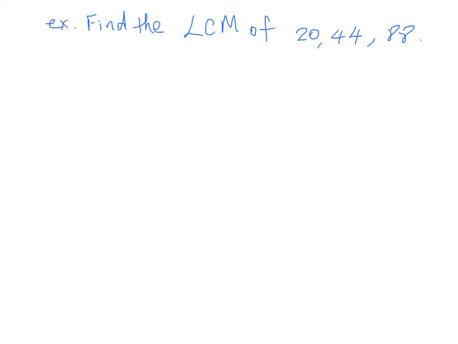In order to figure out the LCM here, you want to find the prime factors first. So let's just put that bullet point here. We want to find the prime factors, and I'll go over how to do that in a second. And then we want to take the prime factors and multiply them by each other, but not all of them. You want to multiply the prime factors the greatest number of times they occur.